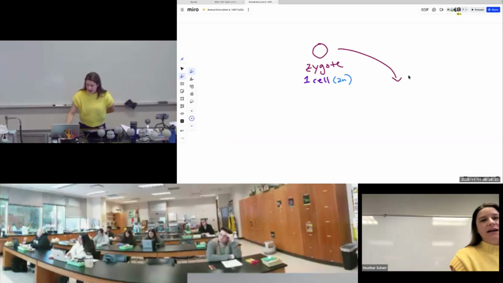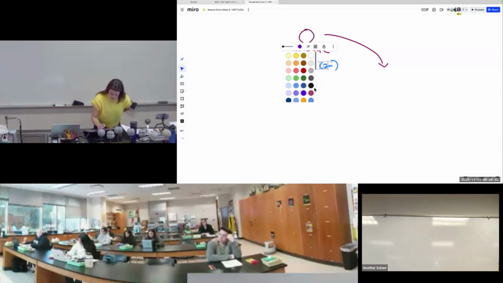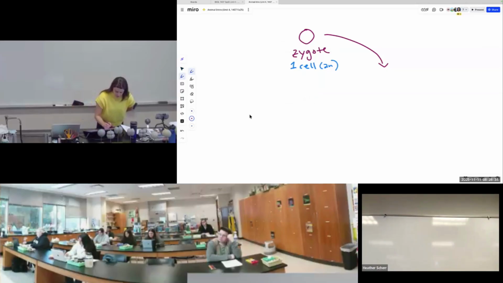Then that's going to divide. Actually, make all this the same color. Blue. All right, because I want to use purple otherwise.